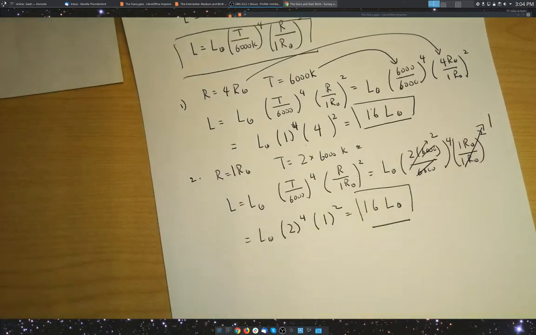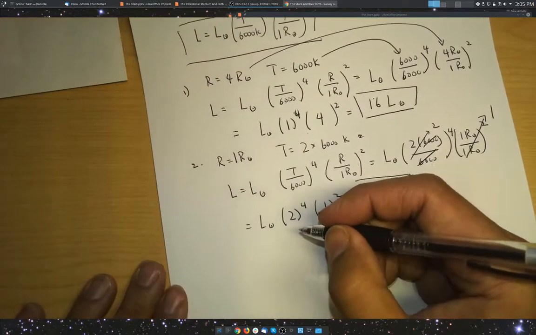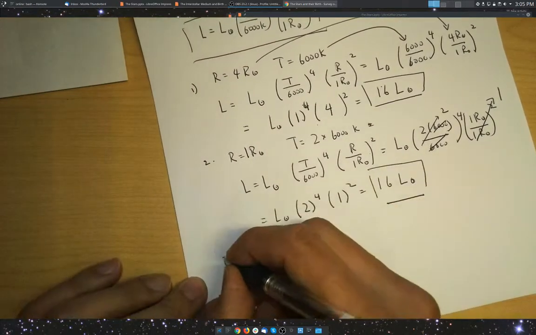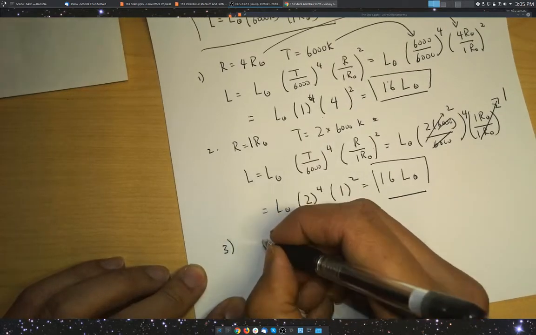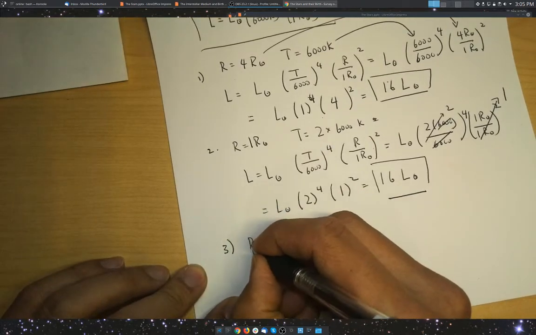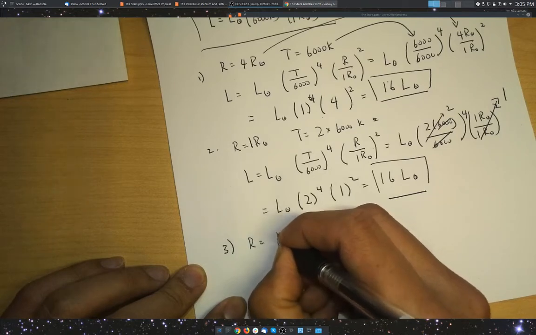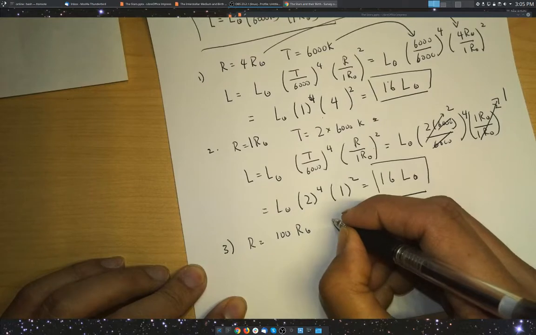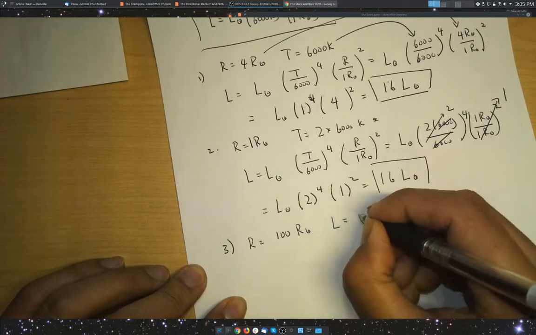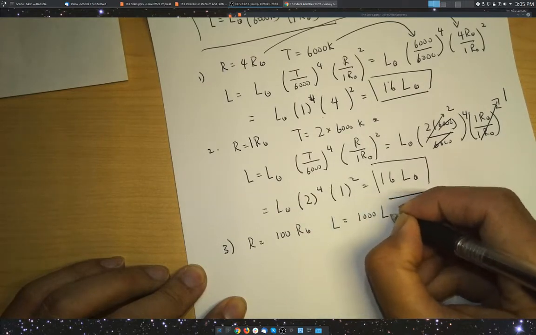Now let's look at the last one. Suppose a star is 100 times larger but also 1,000 times brighter. What is its temperature? So number 3: the star's R is equal to 100 solar radii, and L is equal to 1,000 L solar.